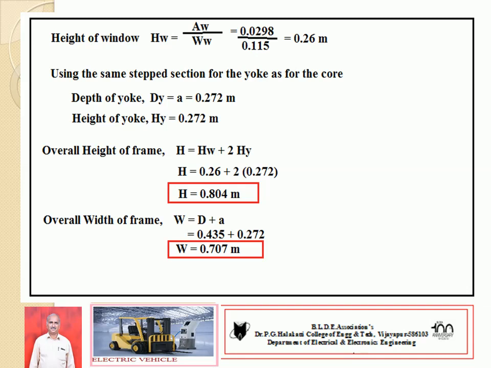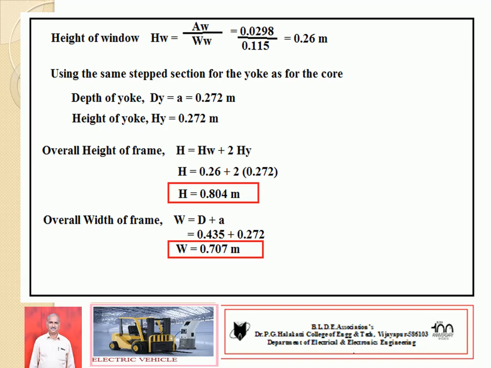Then you move to the design of yoke. Using the same stepped section for the yoke of the core also, hence depth of yoke is equal to the width of the largest stamping, that is A. Similarly, height of yoke is also equal to the A value only. Then again, which type of transformer?